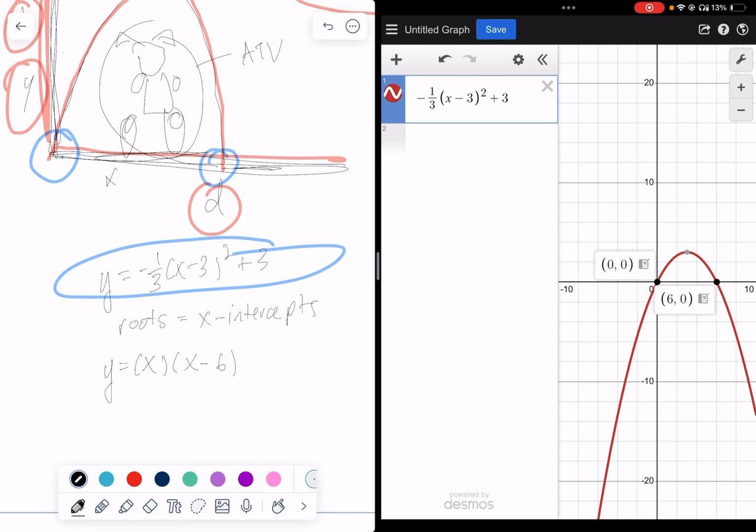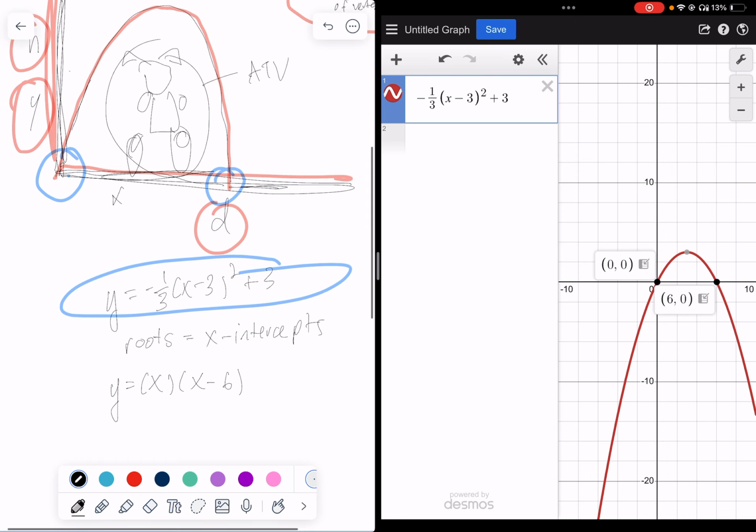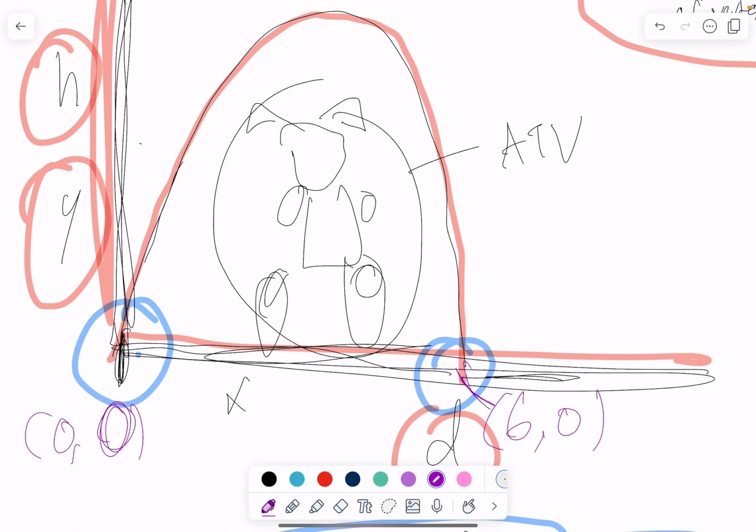So those are your x-intercepts. What does this represent? The shed touches the floor at 0 and at 6. I'll draw (0, 0) and (6, 0). So, you have part A done.